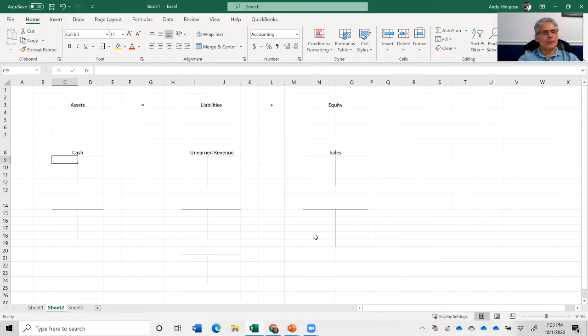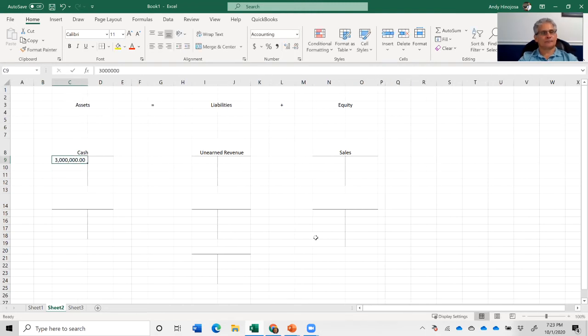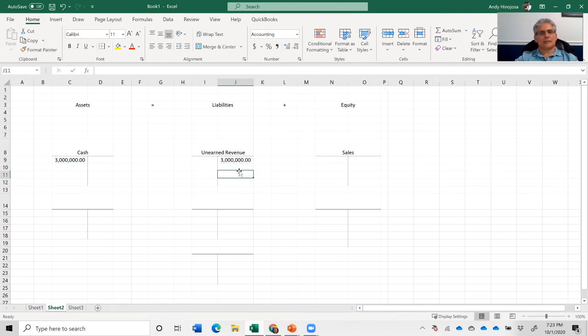So they're going to take in $3 million. That's a debit to cash and a credit to unearned revenues. That is a current liability, but clearly it's a liability.